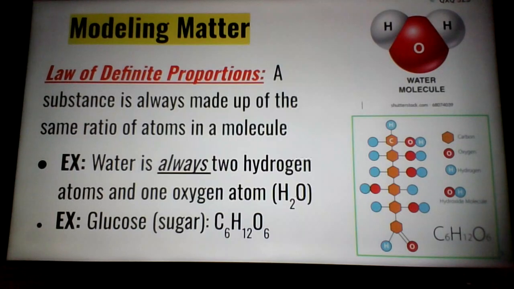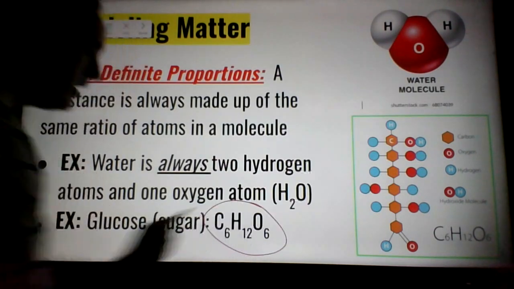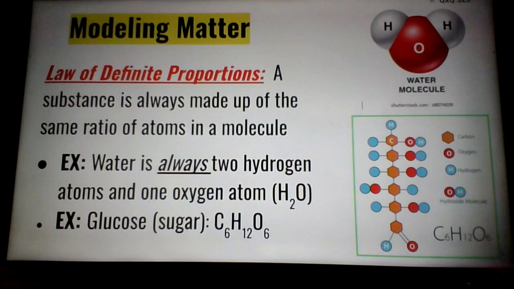And once again, you're going to have the exact same ratio every single time. 6 carbons, 12 hydrogens, and 6 oxygens. No other way to put together a glucose molecule, and nothing else will ever have C6H12O6 either. And that goes exactly the same for every substance, whether an element or a compound. Ready?